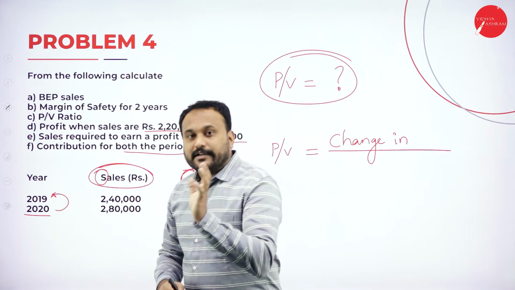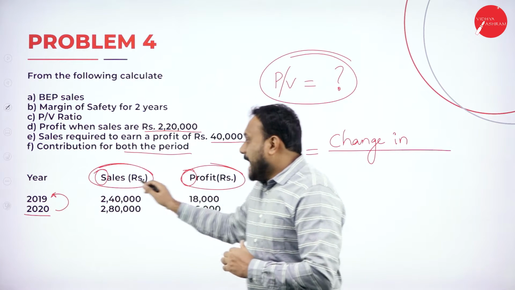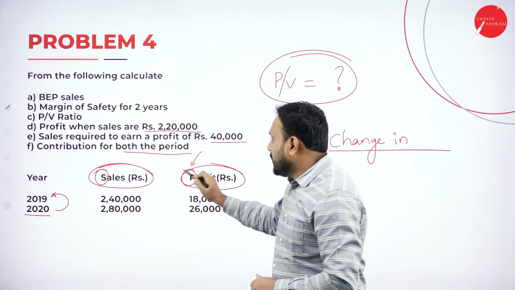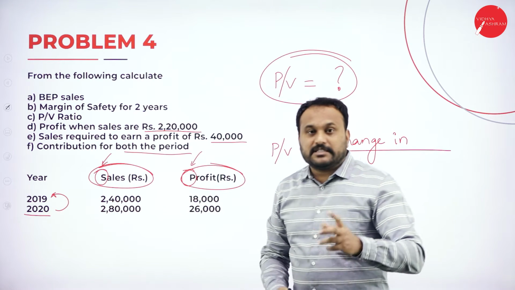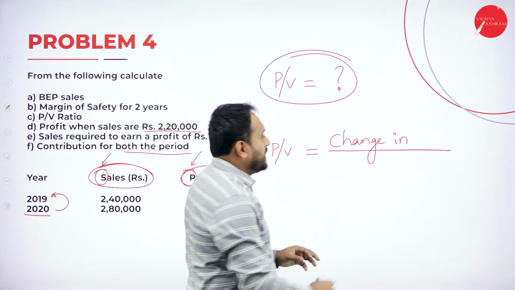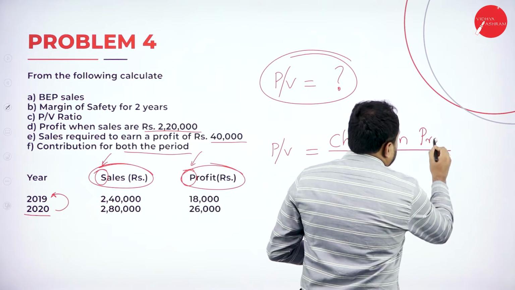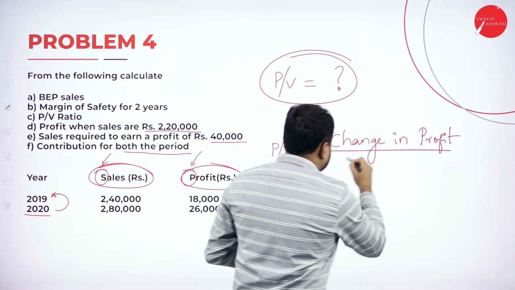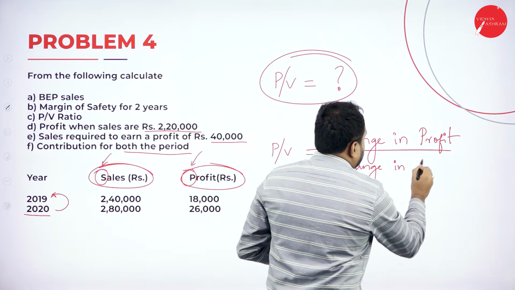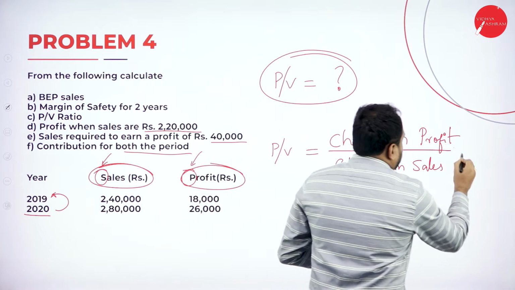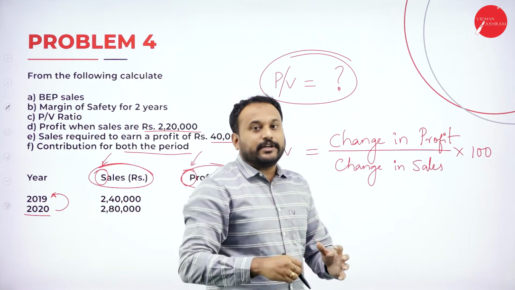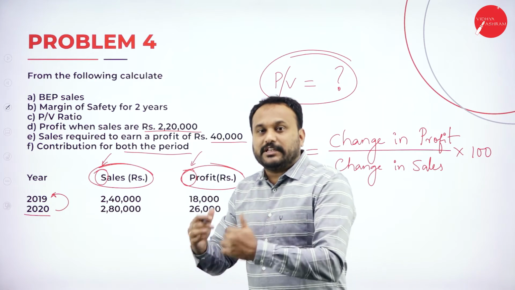When we go with remembering the formula, the alphabet A to Z, if you go with it, which will come first, whether it is P or it is S. It is always P is first and then S. That's how you can remember the formula. Change in profit divided by change in sales into 100. Why 100? Because PV is always denoted with percentage. So it is always with percentage.